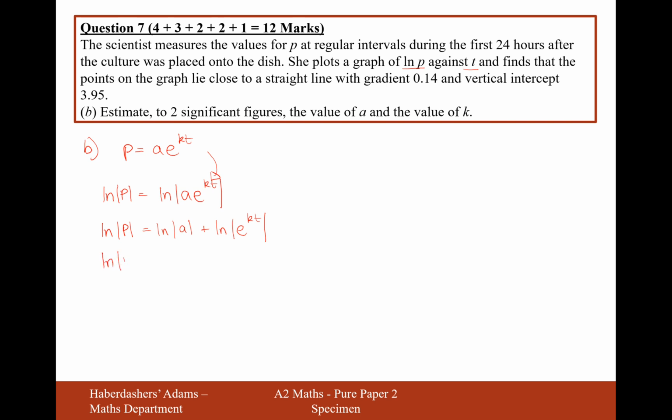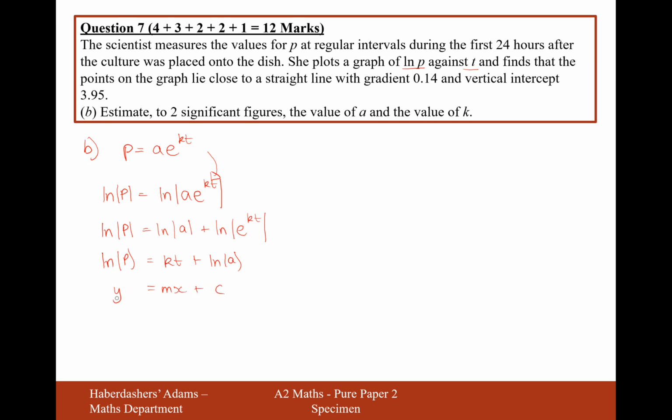So now what I've got is I can simplify this back term here, ln of e, that will cancel each other out, so it's kt plus ln a. So now effectively what I've got here is something similar to y equals mx plus c.